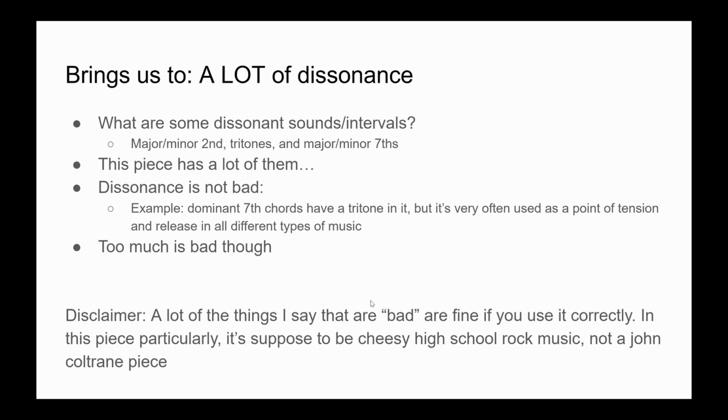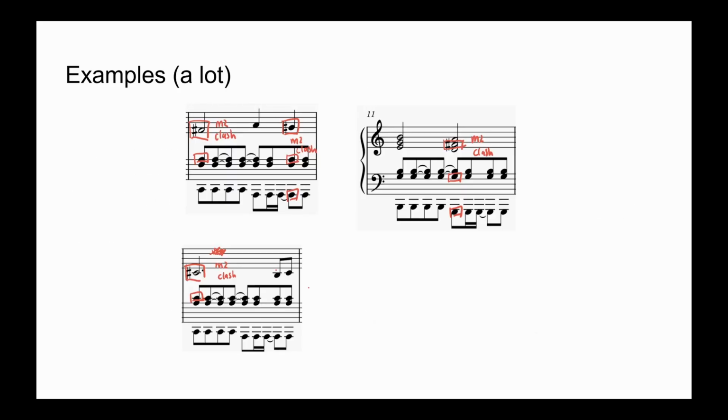So not all dissonance is bad, but what is bad is adding dissonance in places that you don't want it to be added, right? If you want to add dissonance, you want to add it purposefully, not accidentally. So here's a couple examples that I picked out from the song. There's a lot of minor second clashes everywhere throughout the song, right?